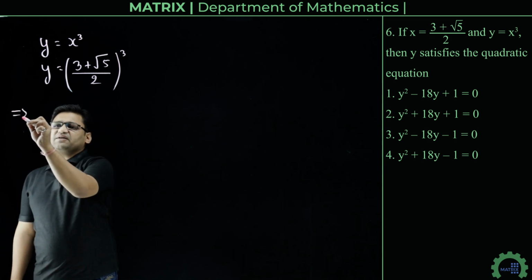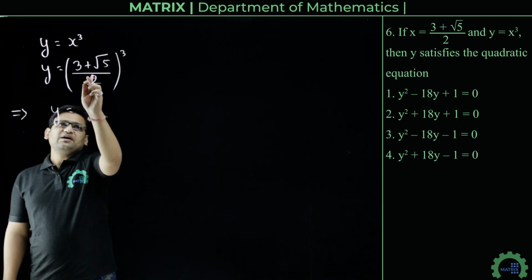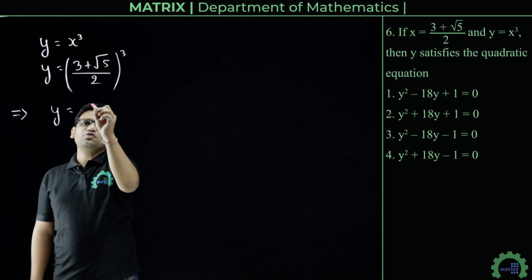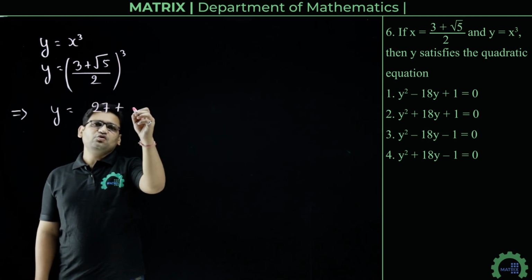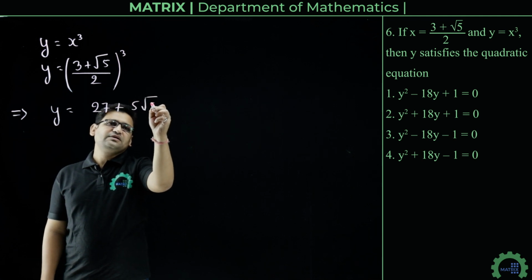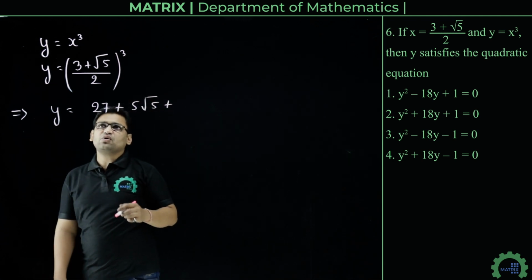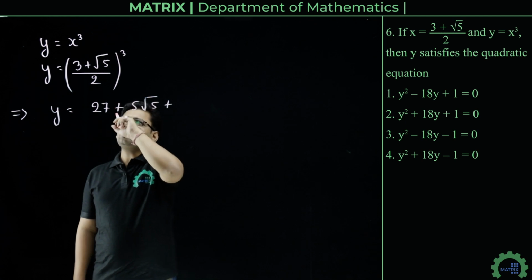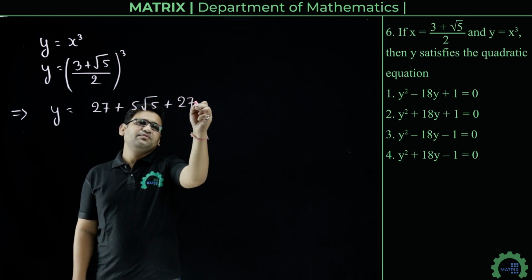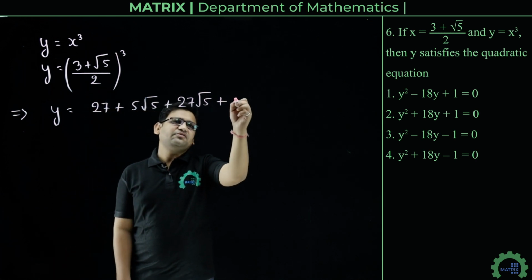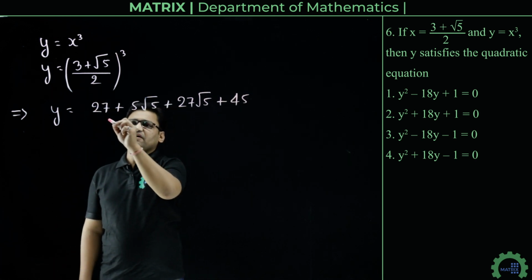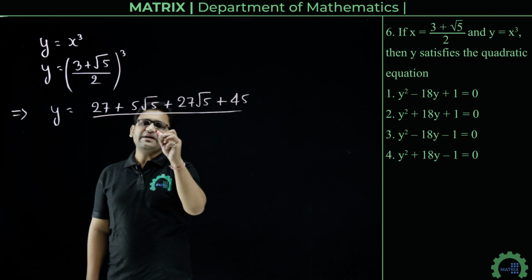So on simplifying, we get, using (a plus b) whole cube, a cube, that is 3 cube, 27, plus root 5 cube, that is 5 root 5, plus 3a square b, that is 27 root 5, and 3ab square, that is 45, divided by 2 cube, that is 8.